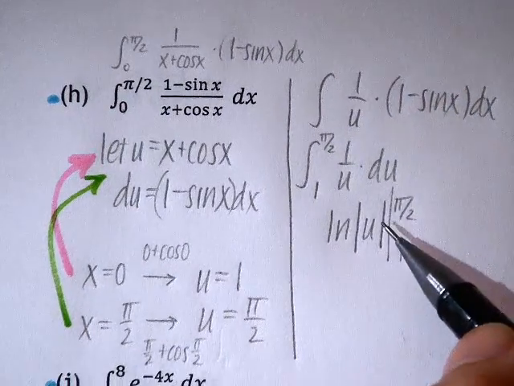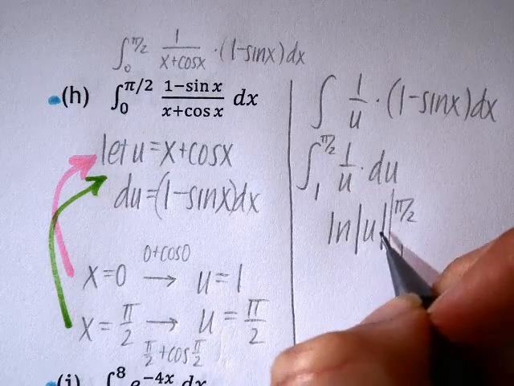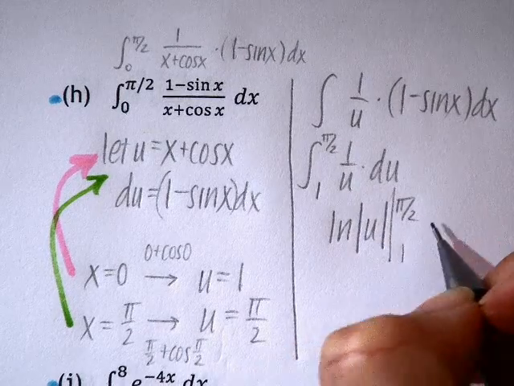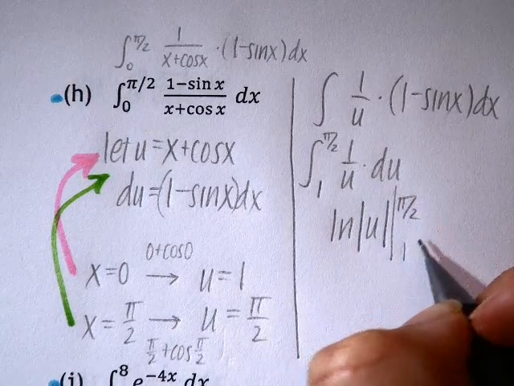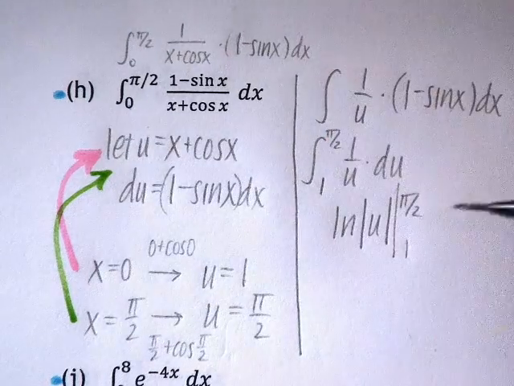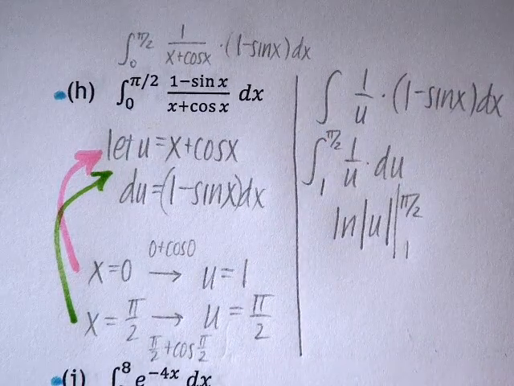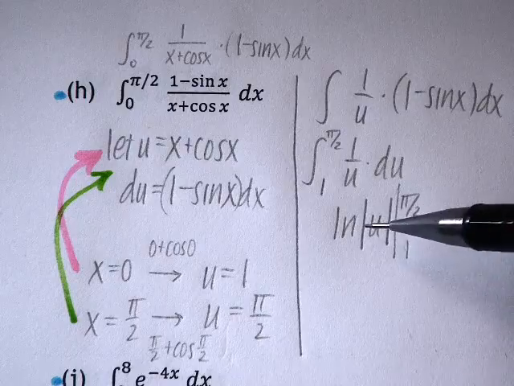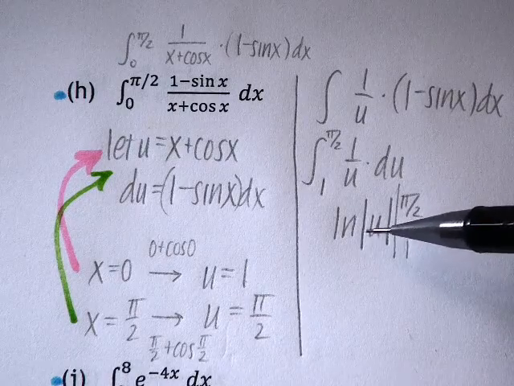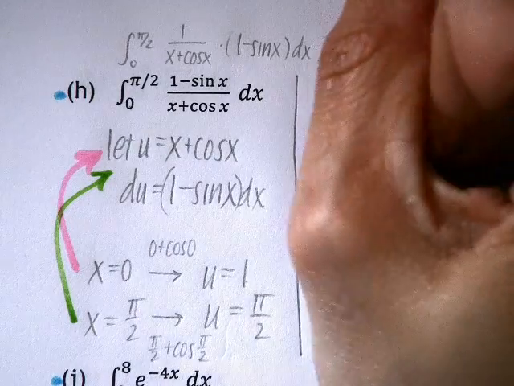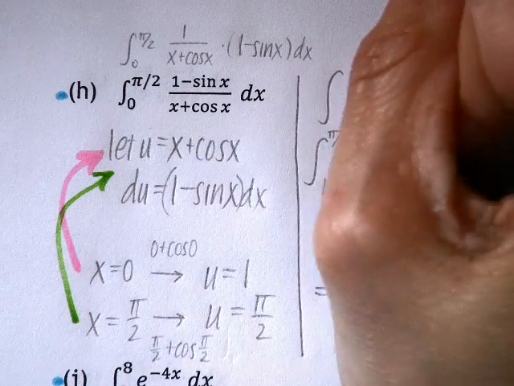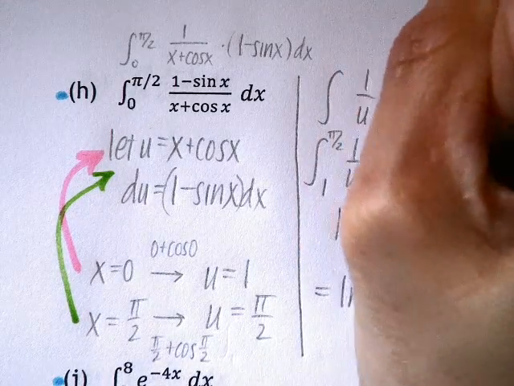So lots of vertical bars there, but ln absolute value of u is the antiderivative evaluated at pi over 2 and 1. So I'm going to plug in, knowing full well this is not going to be very nice, because pi over 2 is not exactly a compatible value that works nicely with ln. But nevertheless, we will persist. We have ln of pi over 2.